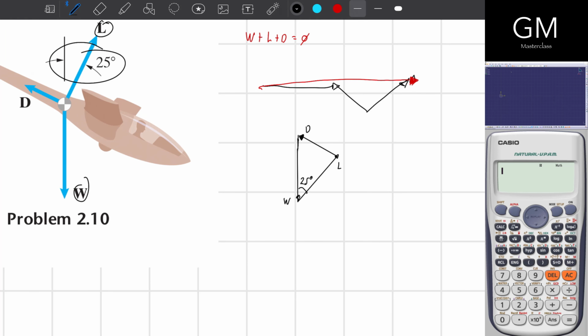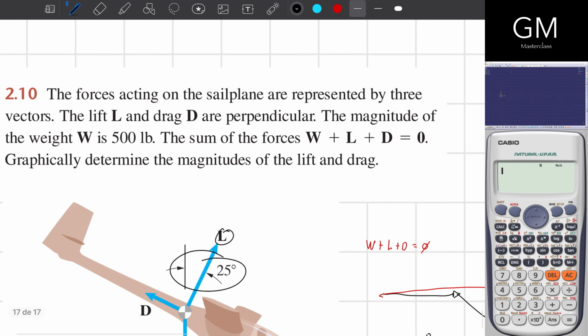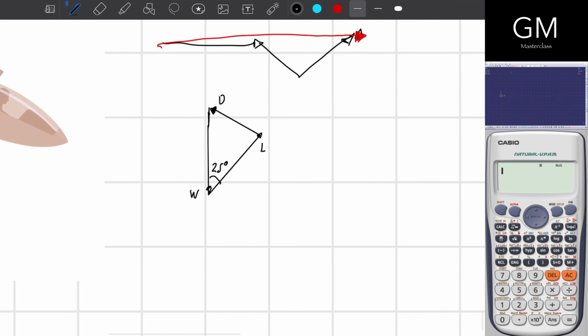The second thing that they are telling me is that the lift L and drag D are perpendicular. That means that between these two I have a 90 degrees angle. I have a corner. They're also telling me the magnitude of W, which is equal to 500 pounds, but I don't really care about the unit system right now. And they are asking me for the magnitude of D and L.